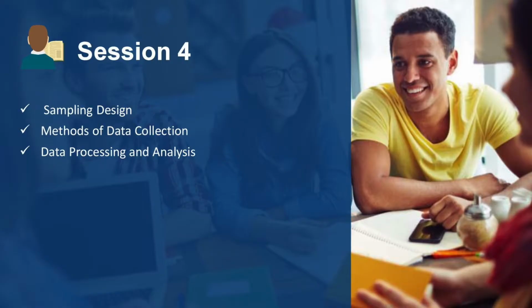And in today's session we will be looking at sampling design, methods of data collection, data processing and analysis and research ethics. Okay, the sampling design we will look at a little bit briefly in today's session.